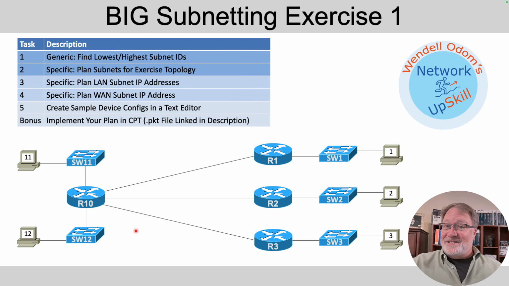In this big subnetting exercise, you'll find the lowest and highest subnet IDs of 3 different networks and plan which of those subnets to use in this topology. You'll plan specifically which addresses to use for the devices, both in the LANs and in the WANs. You'll create sample config in a text editor, and if you have the appropriate skill set to give it a try, you can even try it out in Cisco Packet Tracer and see if it works. Feel free to check that out and try that.